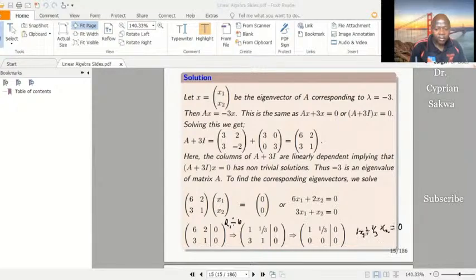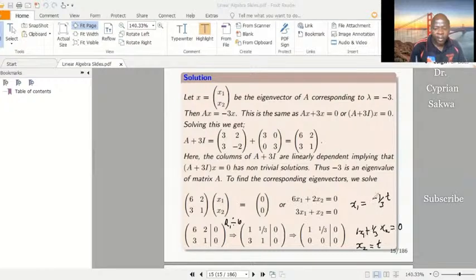I want to get the value of x1 and x2. Looking at this equation, I discovered that x2 is a free variable. Since x2 is a free variable, I'm allowed to equate it to any parameter. So I can say let x2 be t. So if x2 is t, then what does x1 become? x1 becomes negative a third of x2, but x2 is t.